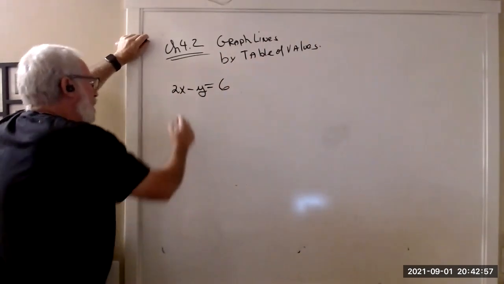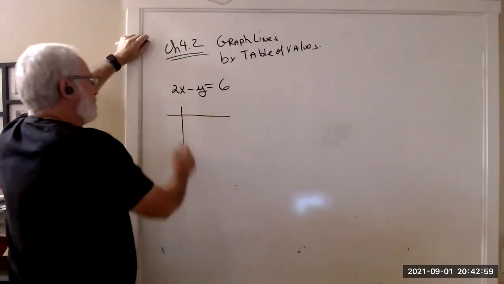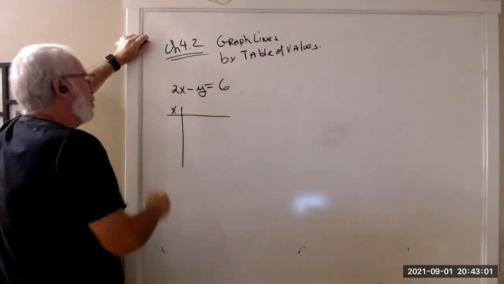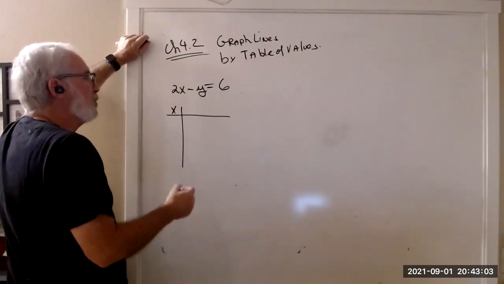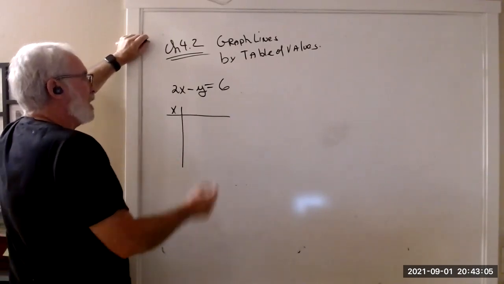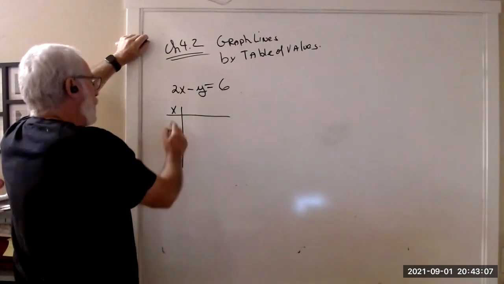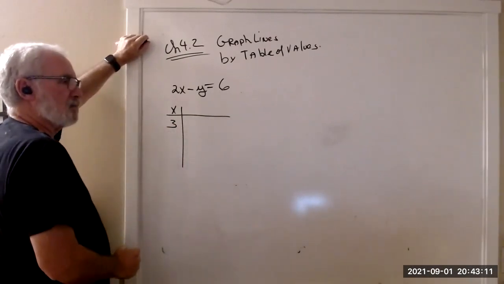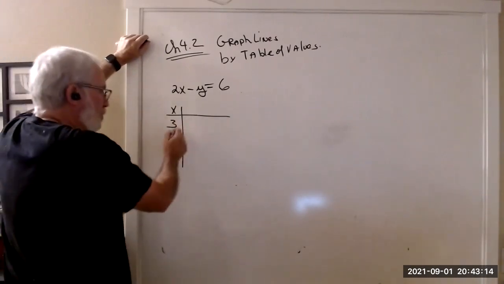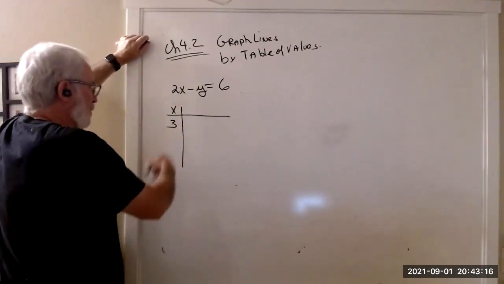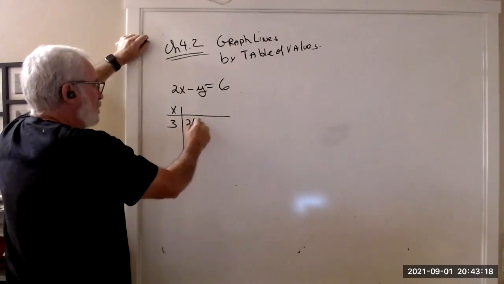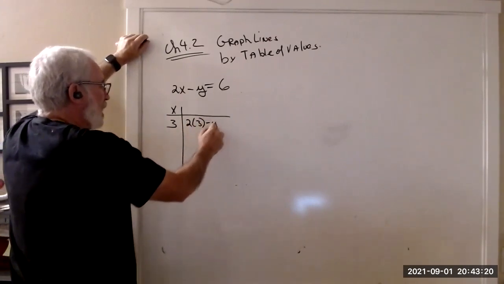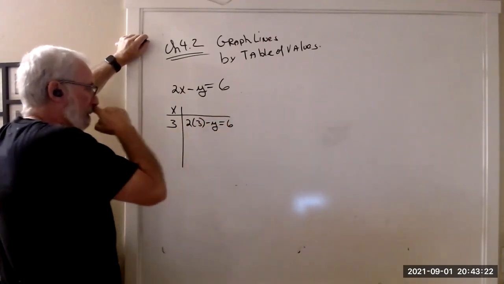Now, sometimes Mom will actually give you the value. Sometimes Mom will say, hey, what if x is 3? Then you just deal with it. If x is 3, you plug it in. 2 times 3 minus y equals 6.